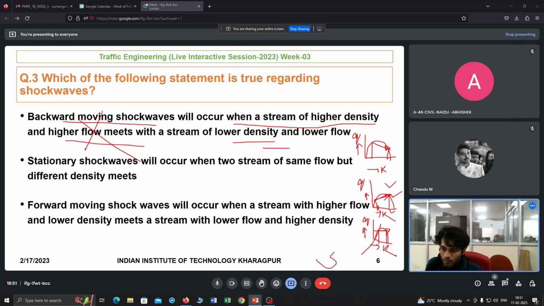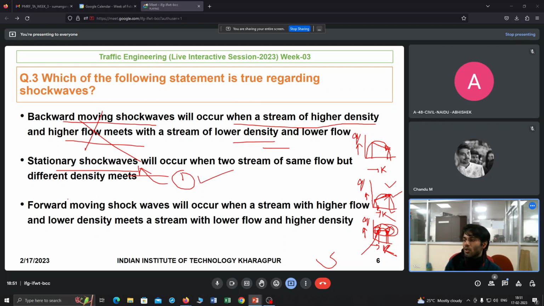Q is the same for this point and this point, but the density is different. Suppose K1, K2, whatever it is, right? So then you are saying the stationary shock wave. Yes, it is stationary because there is no slope. The horizontal slope means slope is 0, right? So the speed is 0. So it is called the stationary shock wave. So it is true. We know that it is true.